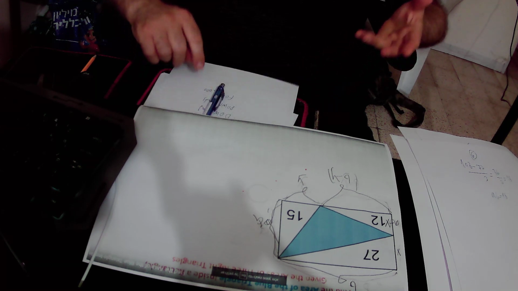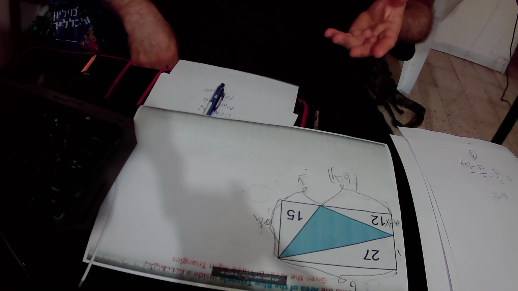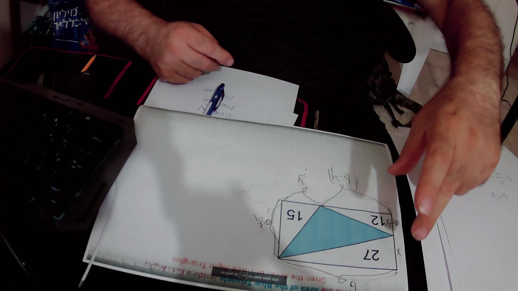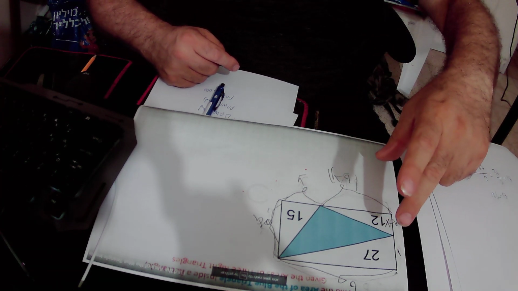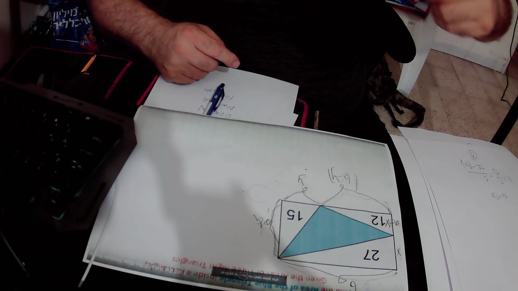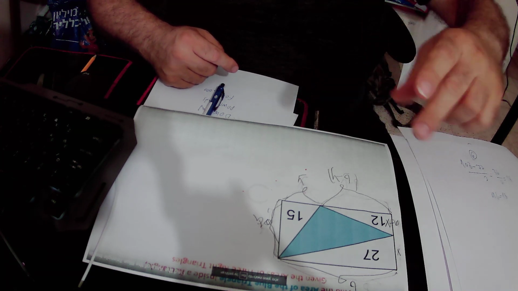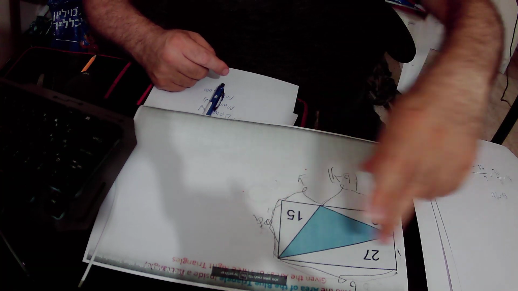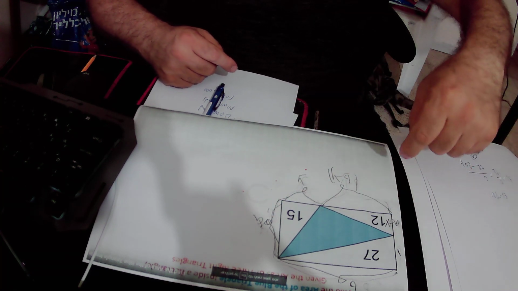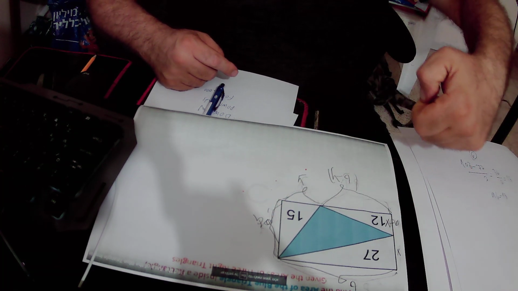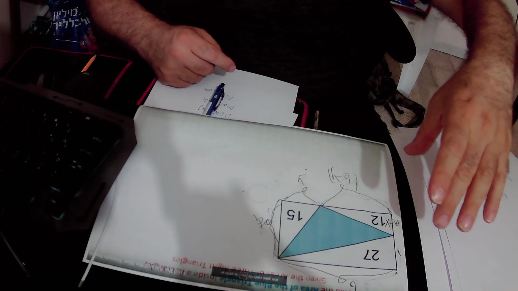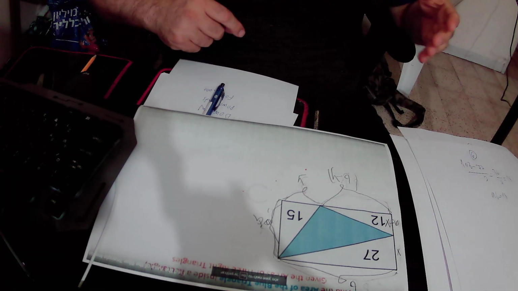Okay, so it is not possible that the area of the rectangle will be less than the area of the triangles that the rectangle consists of.